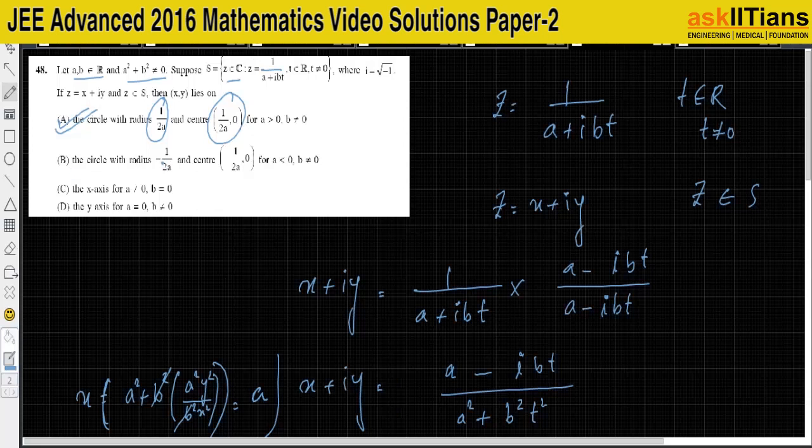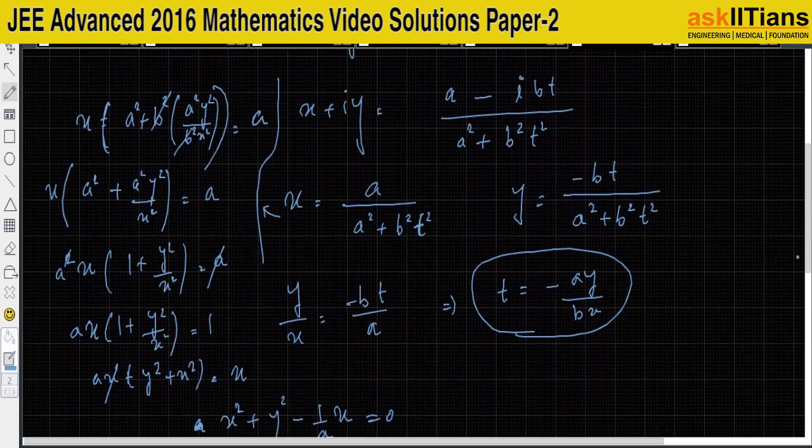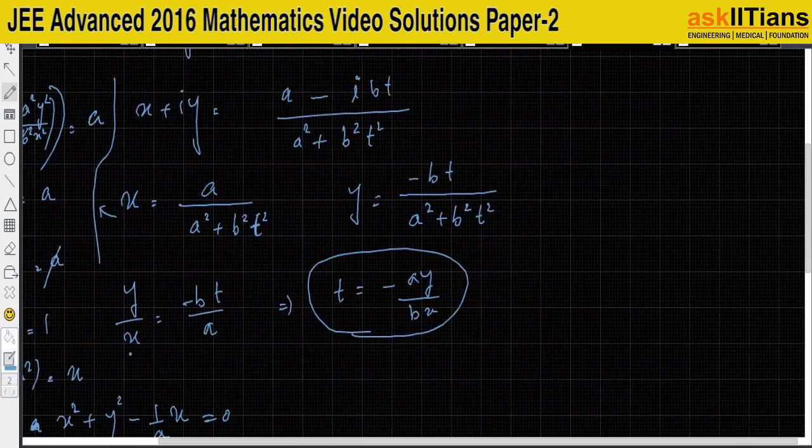Option A is correct. In option B, the radius is given as negative, right? So that's not correct. A is positive. Then C: x comma y lies on x axis if a is not equal to 0 and b is equal to 0, right? Let's look at these two equations.